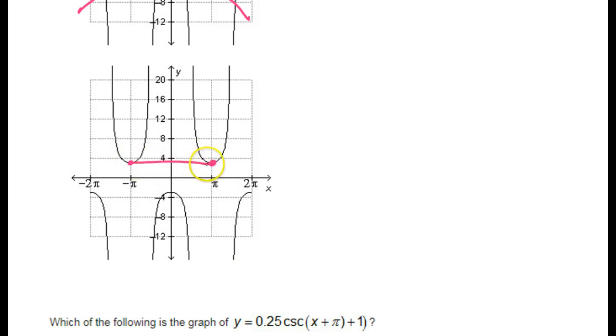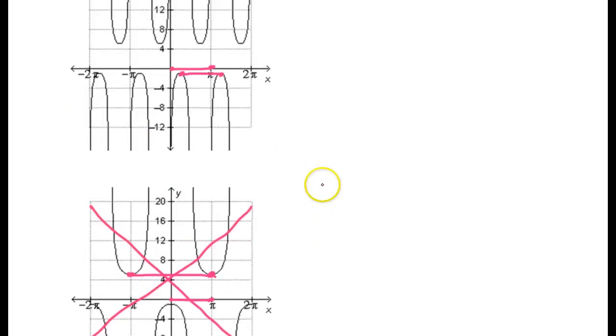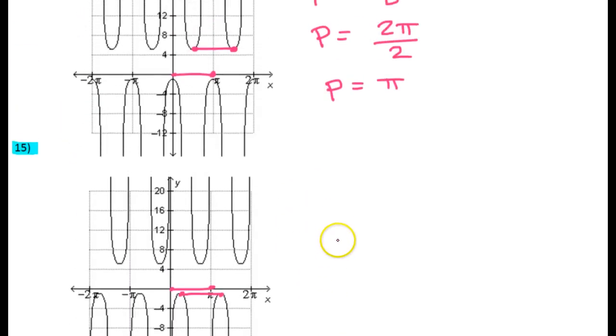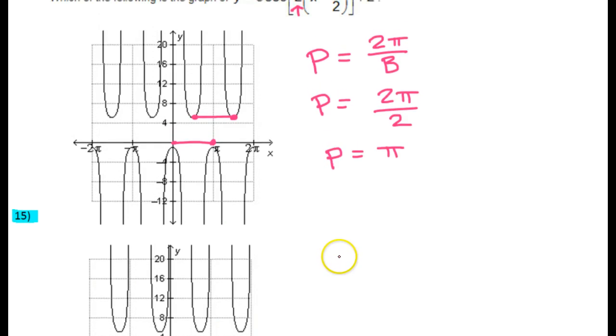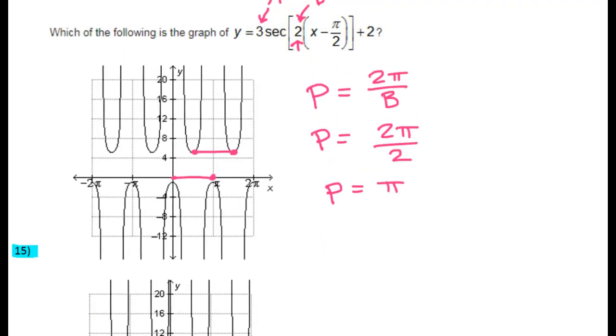Look at that period. That's a period of actually 2 pi instead of just pi. So we can eliminate this option. So far we've narrowed it down to a 50-50 chance between these two graphs. Let's see if we can eliminate any more choices using some of these other transformations.